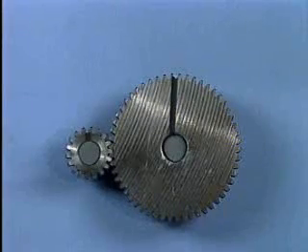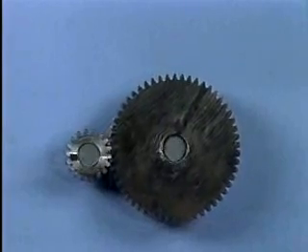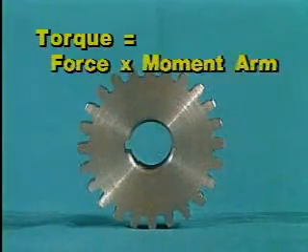Now, we've looked at speed and how it's affected by the size of the gears. Now we're going to look at torque. You'll recall that torque is a force that produces or tends to produce rotation. The torque that's produced by a gear is a product of force and the gear's moment arm.